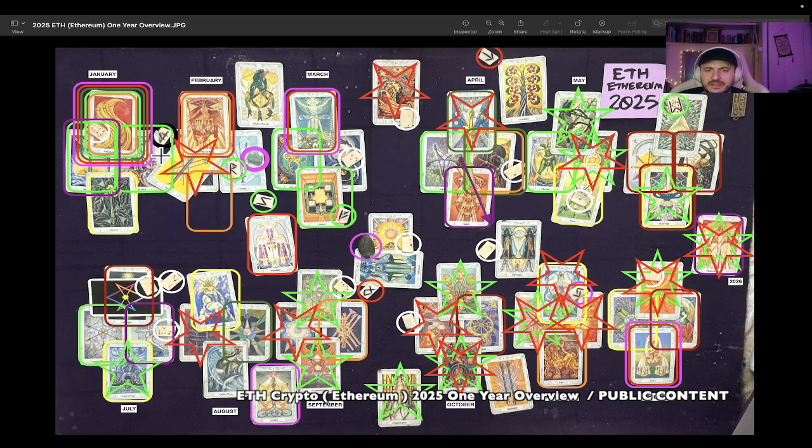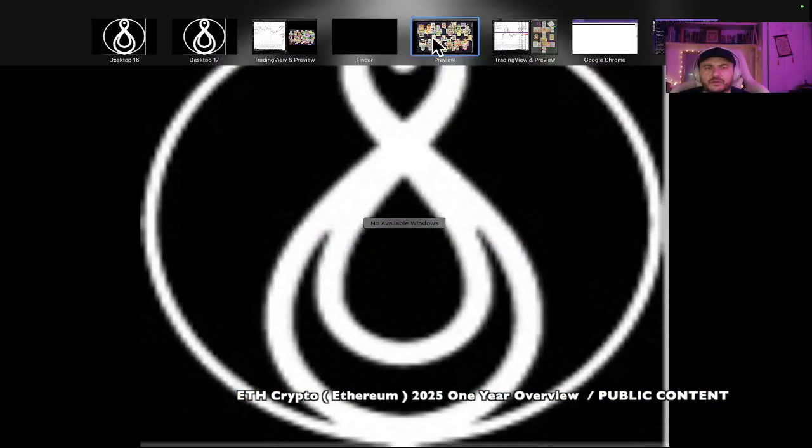Now let's take a look and see how this 2025 reading is doing thus far with the piece that we've already got going for March.